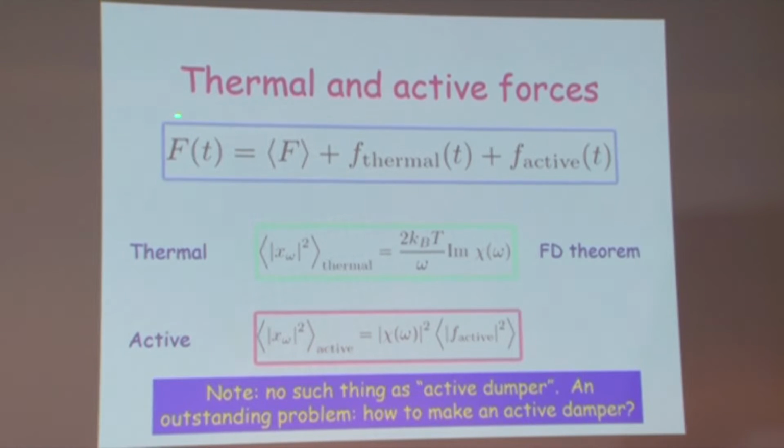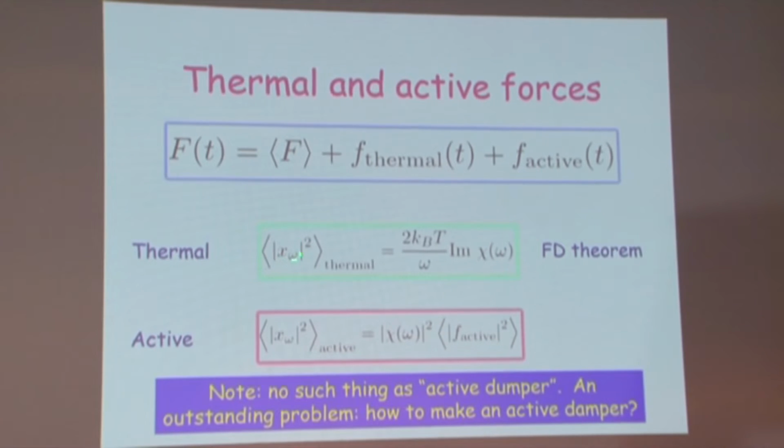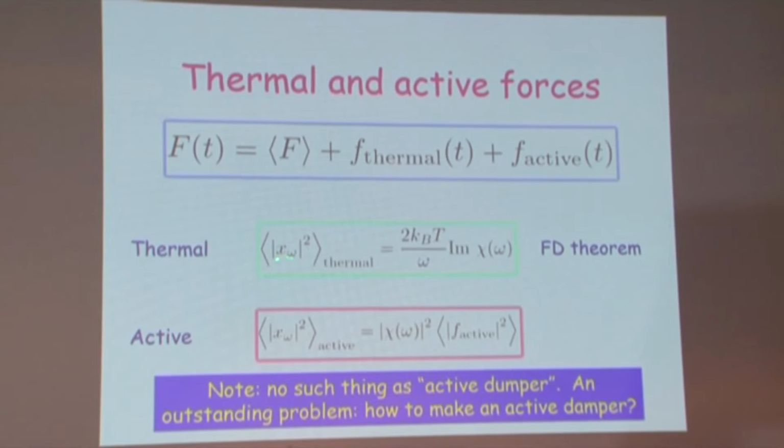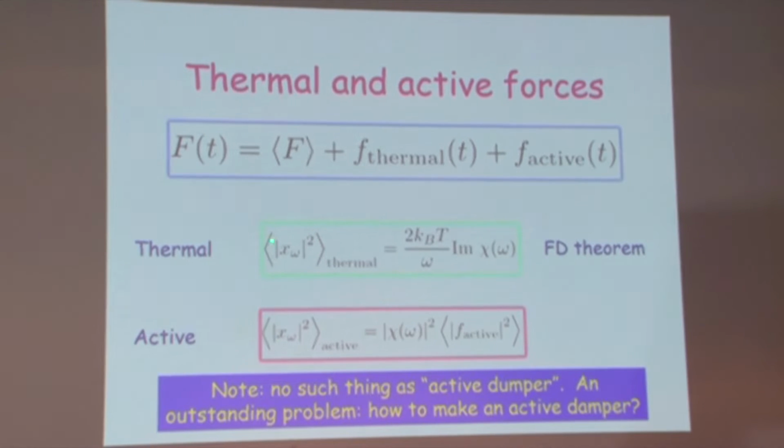Okay, so there are two types of forces in action. There is thermal force, some thermal noise, and there is some activity, various sorts of activity. And whatever variable x you want to choose, the result of this type of study would tell you that fluctuations of your variable are proportional to temperature if it is driven by thermal forces, which is not surprising, but it's called the fluctuation dissipation theorem.